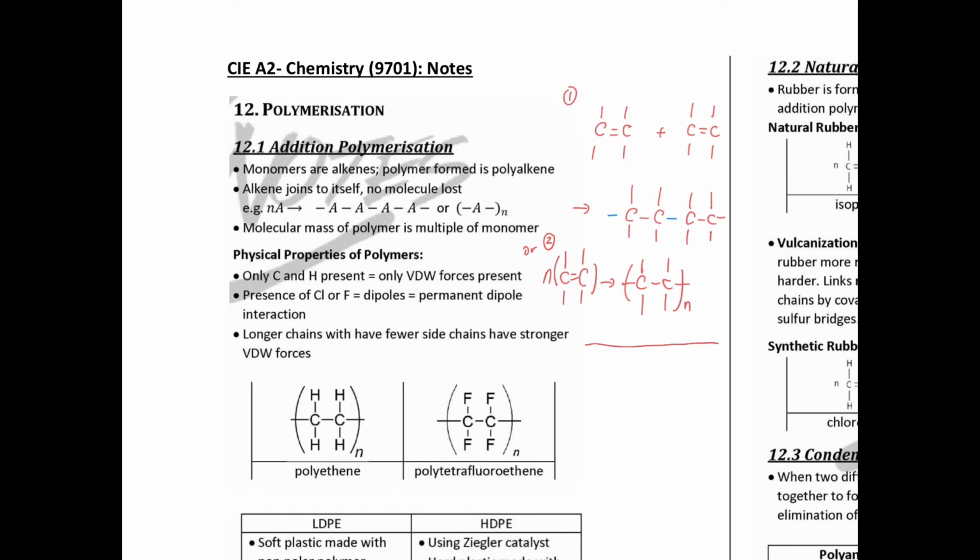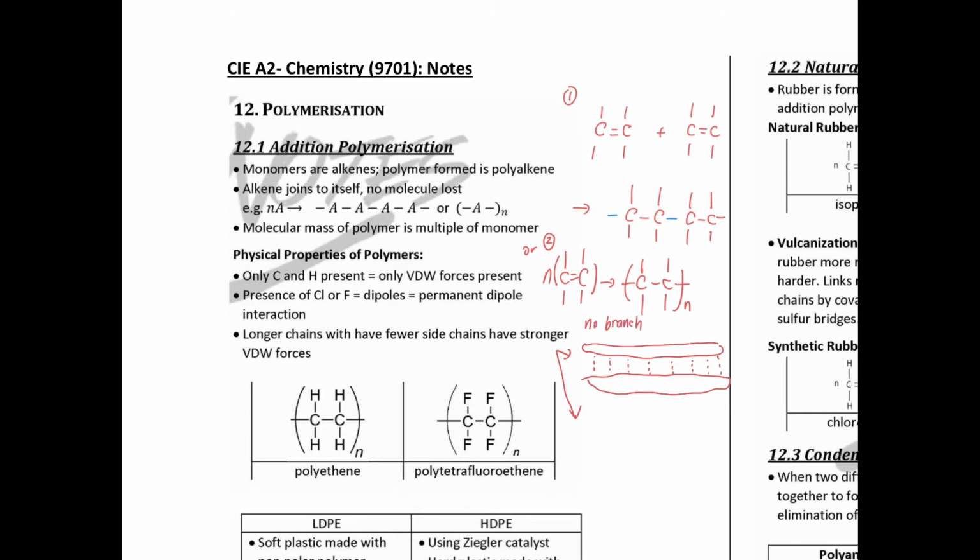If the polymer has no side chain, it looks like a long structure. Together with another polymer with long structure like this, of course the van der Waals forces are stronger because they can form van der Waals forces everywhere along the polymer, and hence it is stronger. But if there are side chains, so this is no branch.